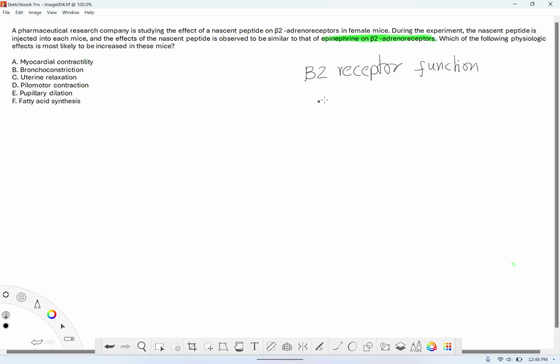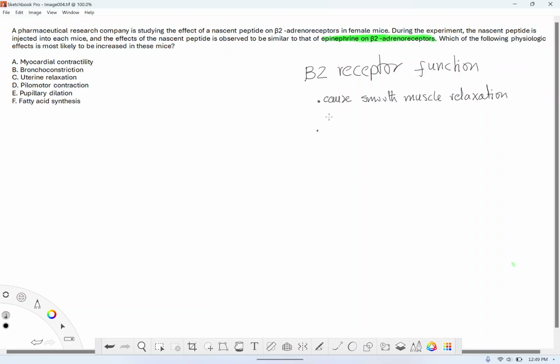So beta-2 receptor causes smooth muscle relaxation. Whatever smooth muscle has beta-2 receptor on it, it will cause that muscle to be relaxed.